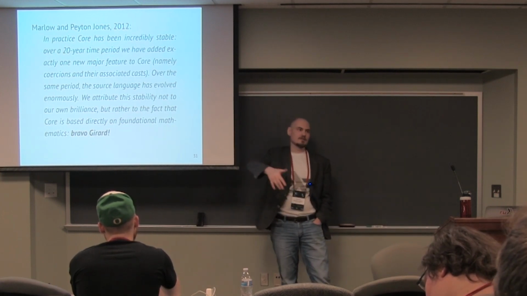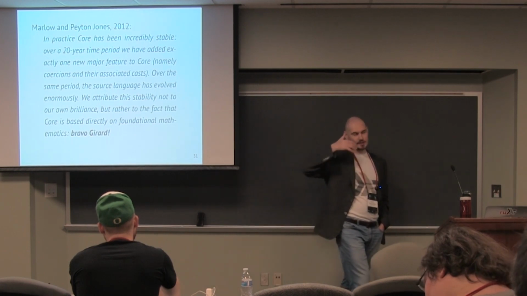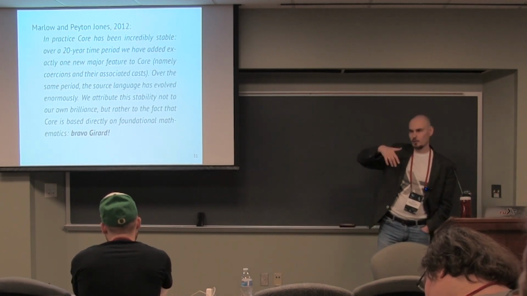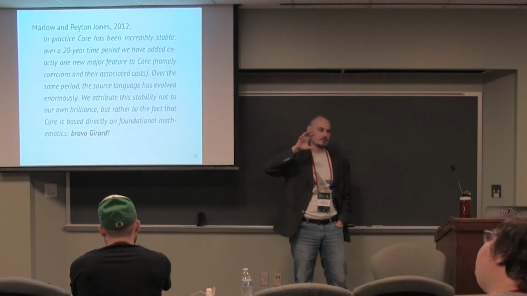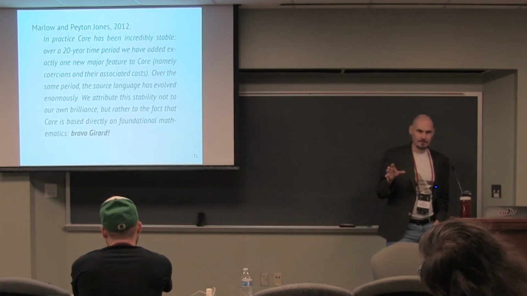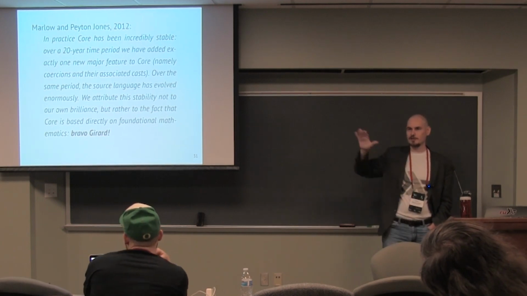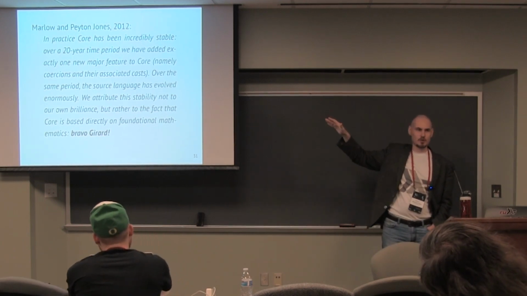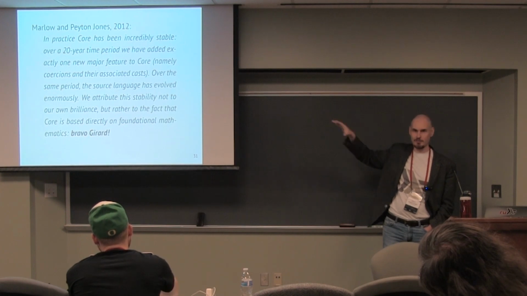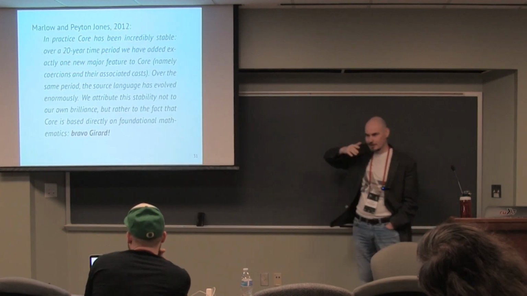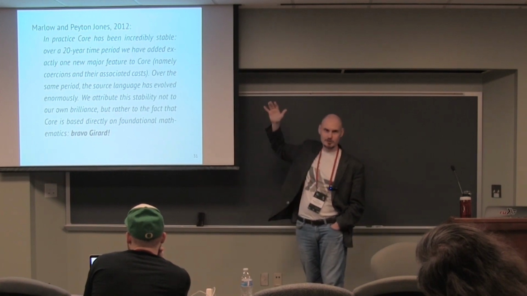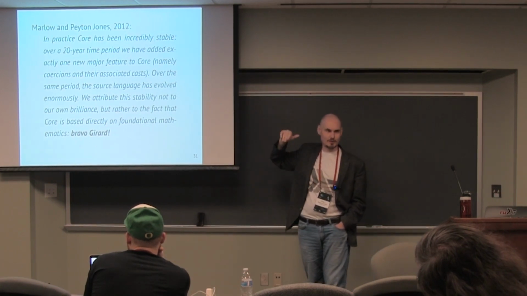Haskell evolved enormously, and that's absolutely true. For that time, we've implemented lots of things in Haskell, but Core itself was very stable until recent years. In fact, 2012 was the last year of stable GHC Core. And everything that comes after that, we'll see today in the rest of this workshop.